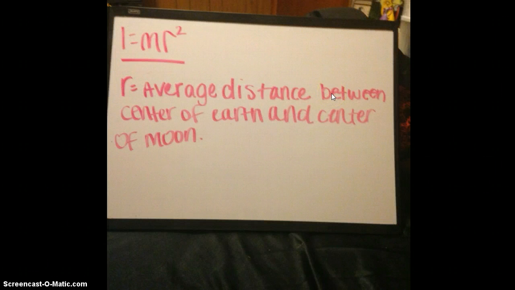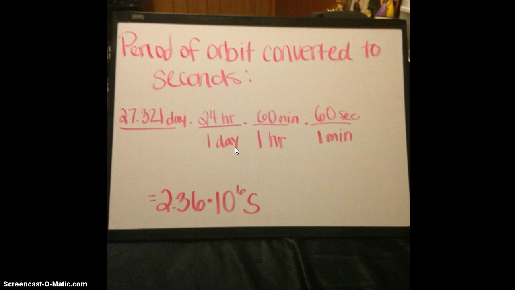What we first need to know is what the moment of inertia is. One of the formulas for moment of inertia is mass times r squared, where r is the average distance between the center of the Earth and the center of the moon. First, we need to change the days into seconds to have our units right.